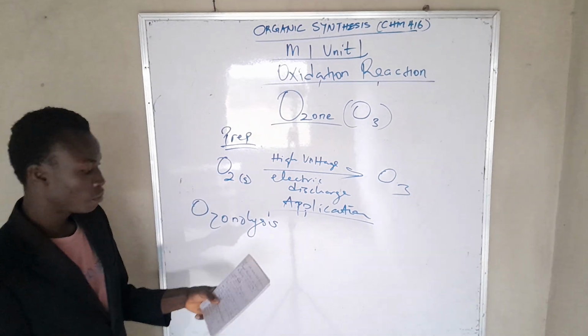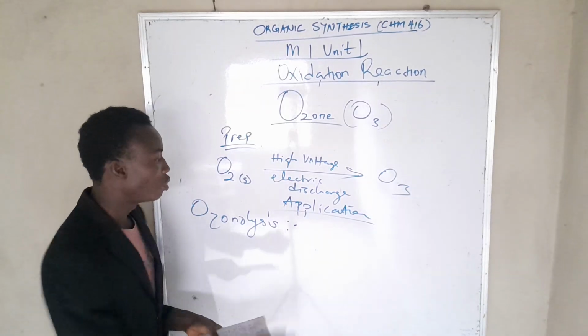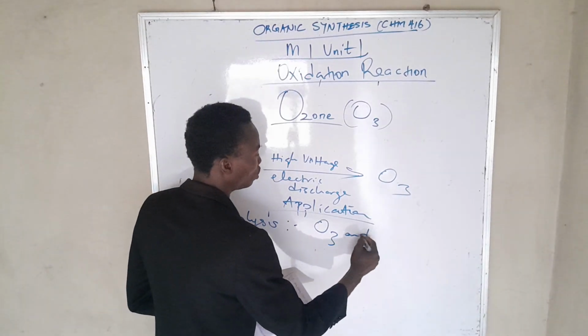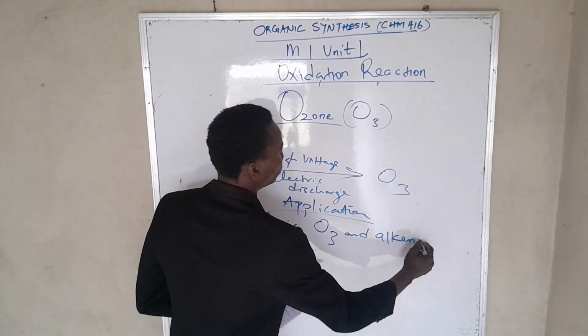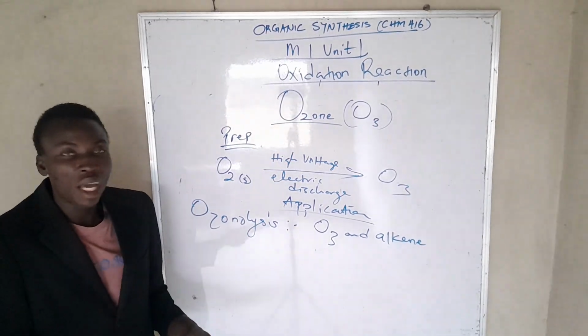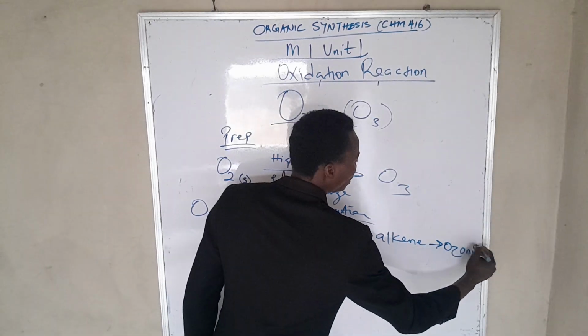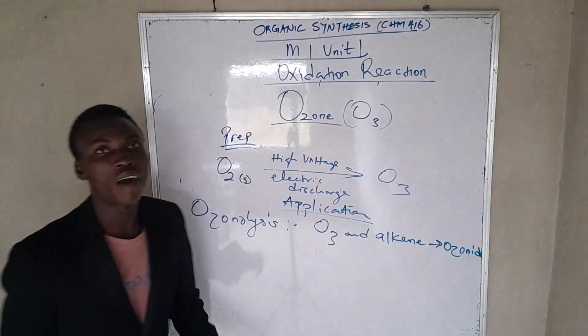So in this case, this is talking about the reaction between O3 and the alkene. So when the two of them react together, it eventually decomposes and gives rise to the ozonide.